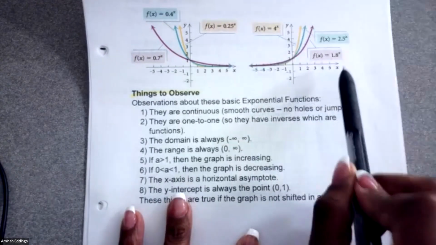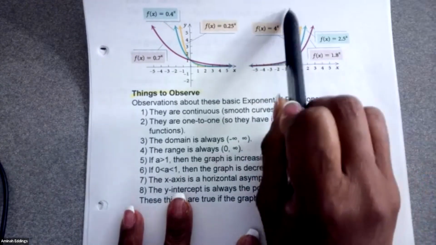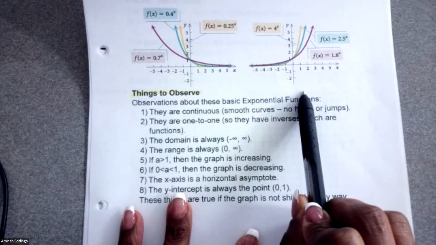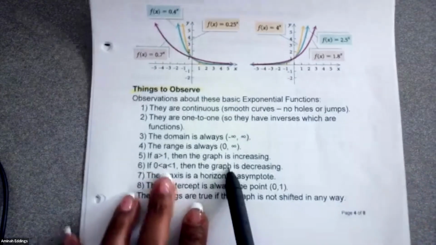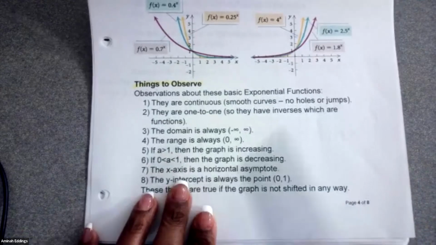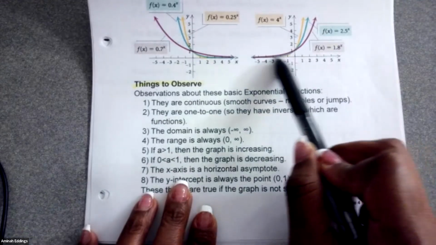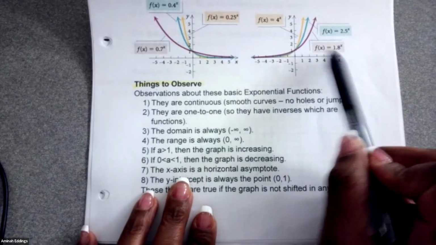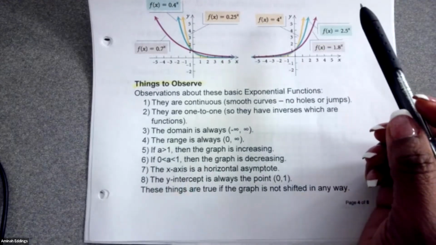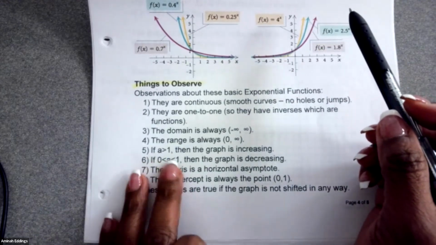Again, as long as we are not shifting, you will have a horizontal asymptote at 0, but if we start to shift, then that will change, but we will still have a horizontal asymptote.